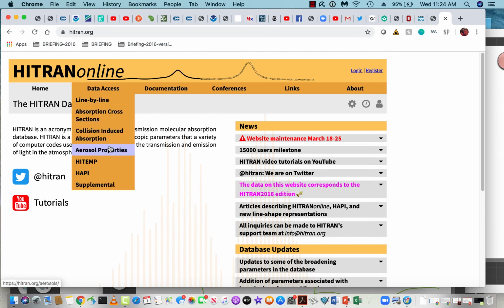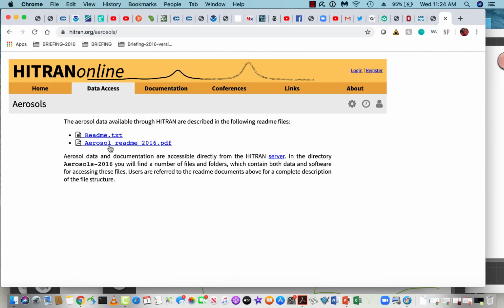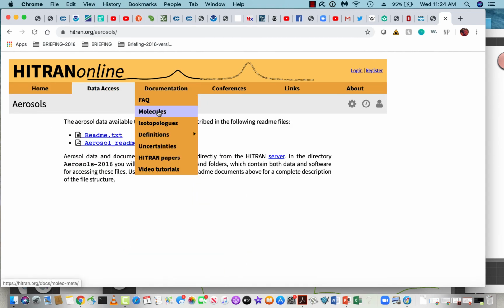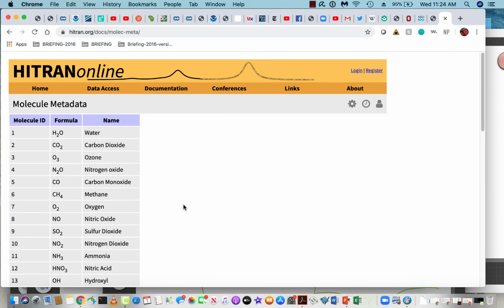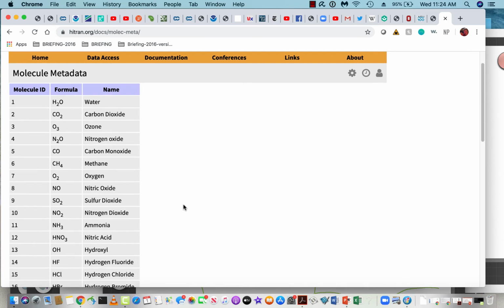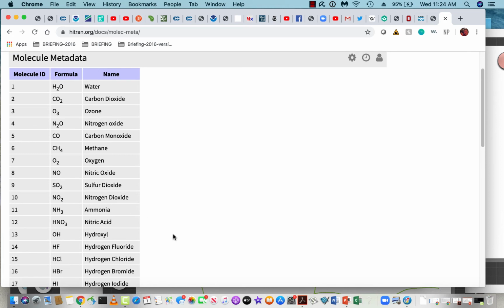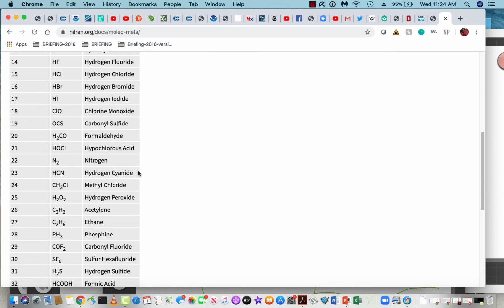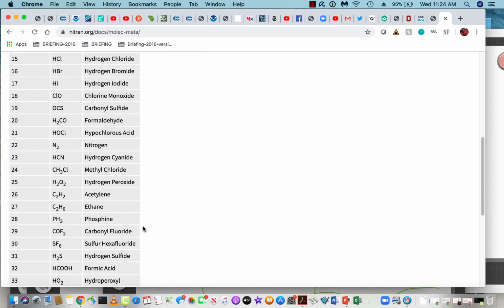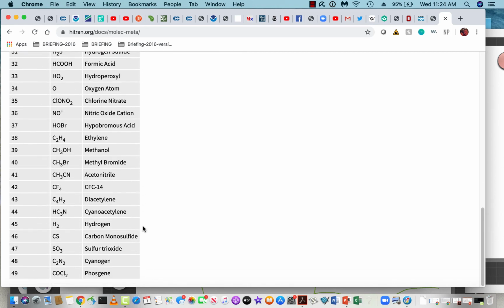Here are the molecules that you can have in HITRAN: water, carbon dioxide, ozone, carbon monoxide, methane, ammonia, nitrogen, ethane, and all the way on down.